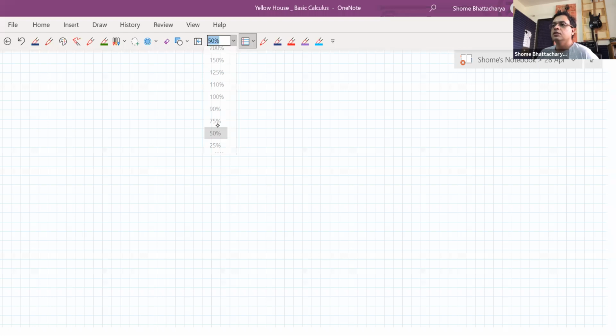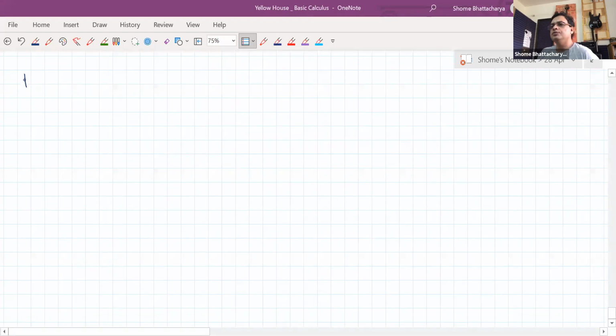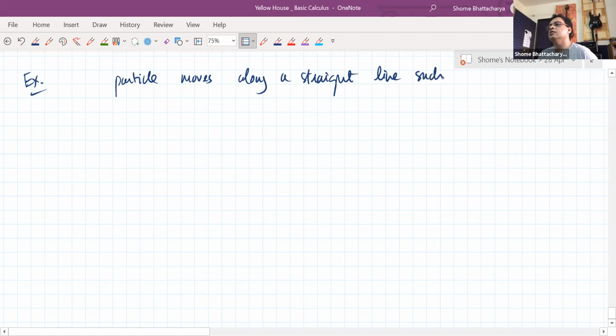Okay. So now let's take a numerical example. Suppose we have a situation where a particle moves along a straight line such that it is given to us that its distance varies with time according to this relation, where s is distance in meters and t is time in seconds.